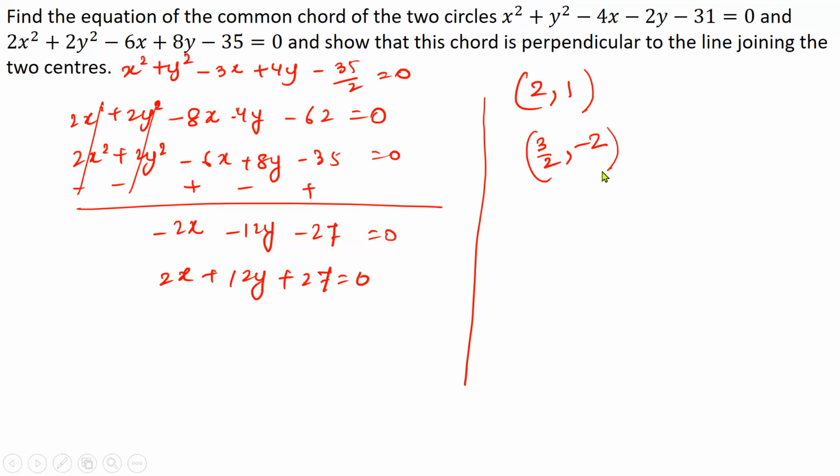So these are the two centers, and we need to prove that this chord is perpendicular to the line joining the centers. What is the slope of the line joining these two centers?